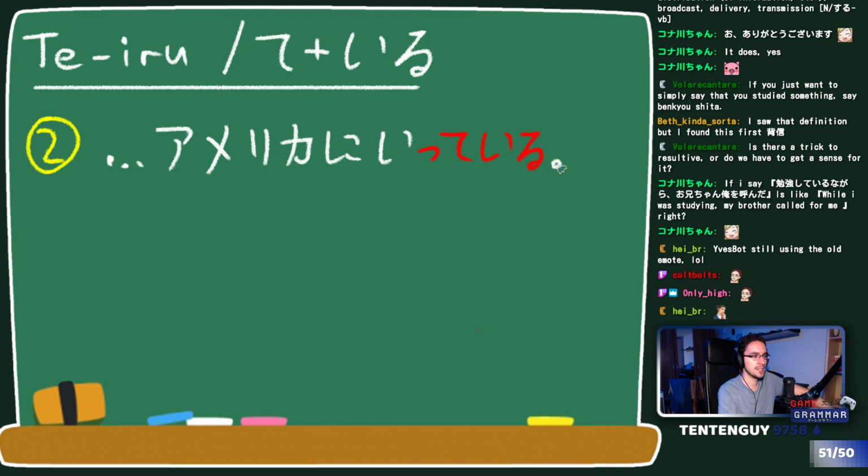And you may have seen examples like this, and it was translated as some subject, the subject really doesn't matter here, is in America. So why, right? Like why is in America?